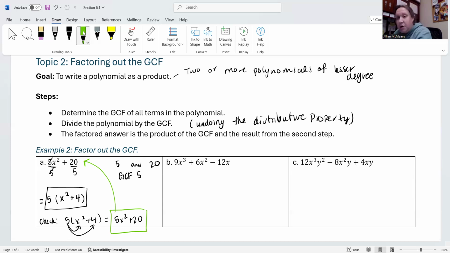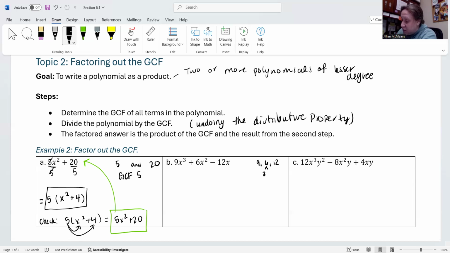For part B, we have 9x to the third, 6x squared, and 12. Let's look at just the 9, the 6, and the 12. I always start with the smallest of the coefficients, which would be 6. Is 6 a factor of 9 and 12? Well, 6 is a factor of 12, but it's not a factor of 9. So I then want to start looking at factors of 6.